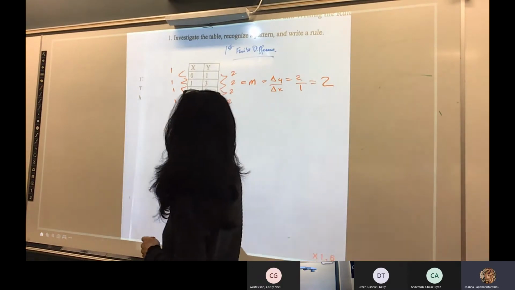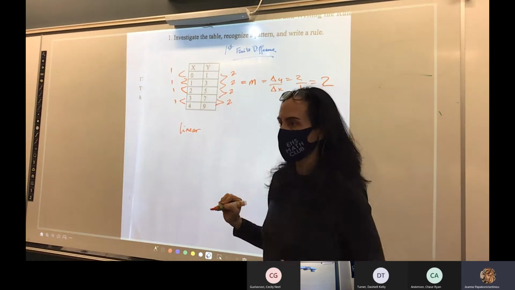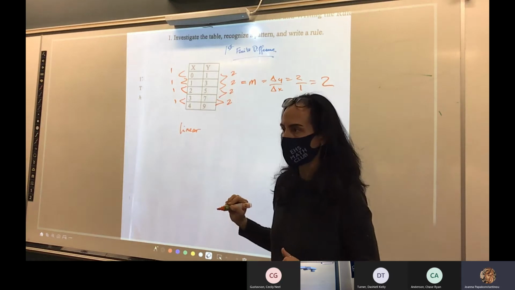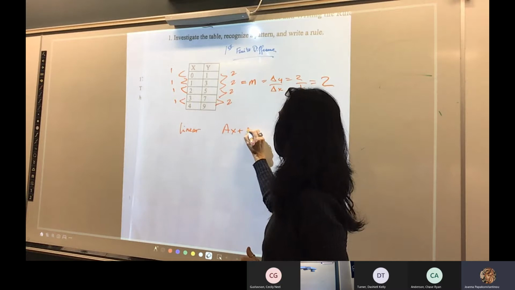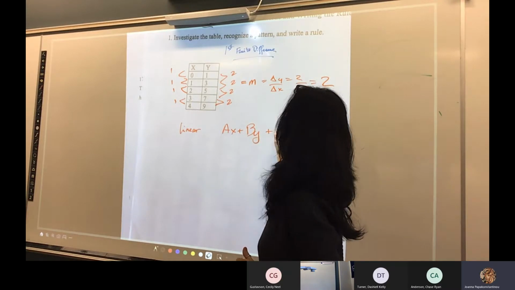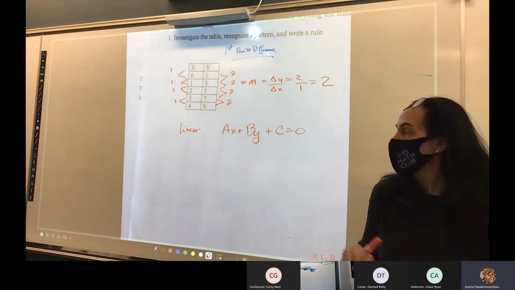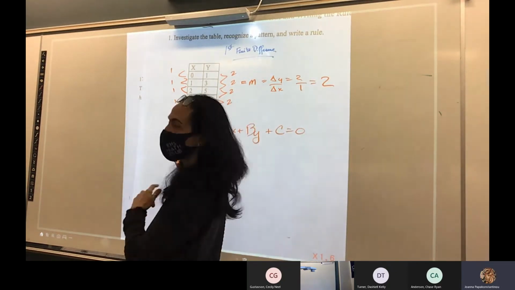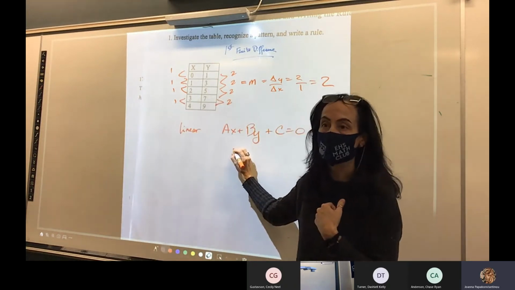Since I know this is linear, what is the general form for a linear function? Ax plus... Okay, standard form. But we also have another way of writing this using the slope-intercept form of the line. What's the slope-intercept form of this line?